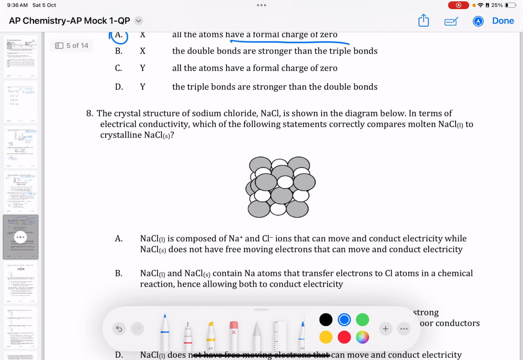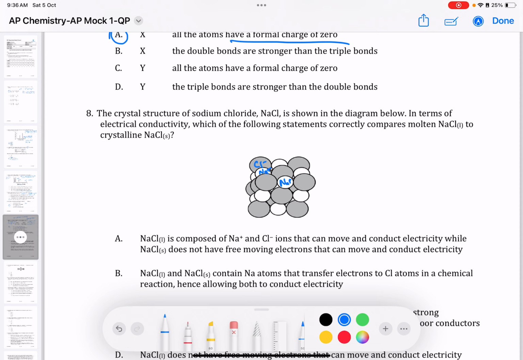Next, the crystal structure of sodium chloride, NaCl, is shown in the diagram below. This is a crystal lattice structure, with Na plus and Cl minus; always the positive ion is the smaller one, held by electrostatic forces.